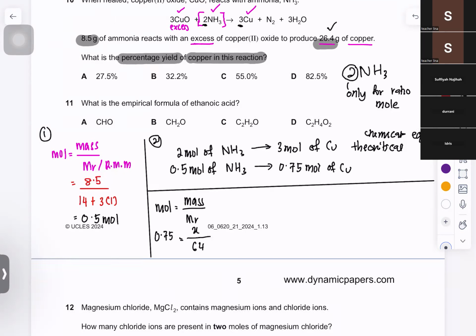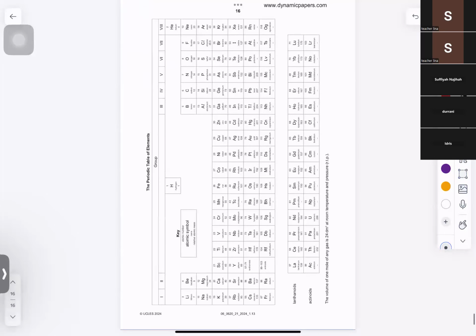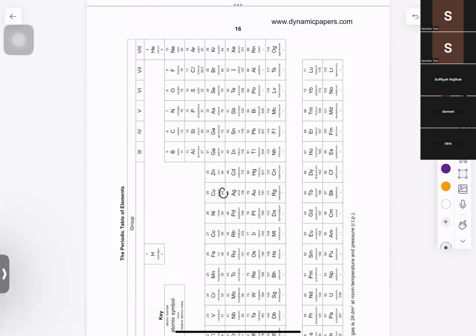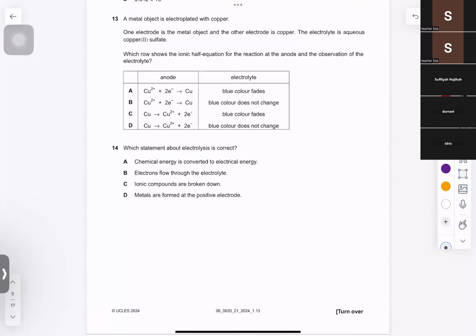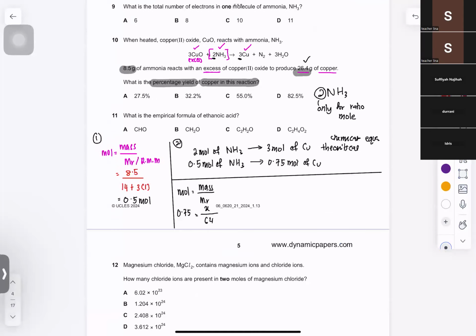I think 64; 65 is zinc. So X equals 0.75 times 64, which is 48.